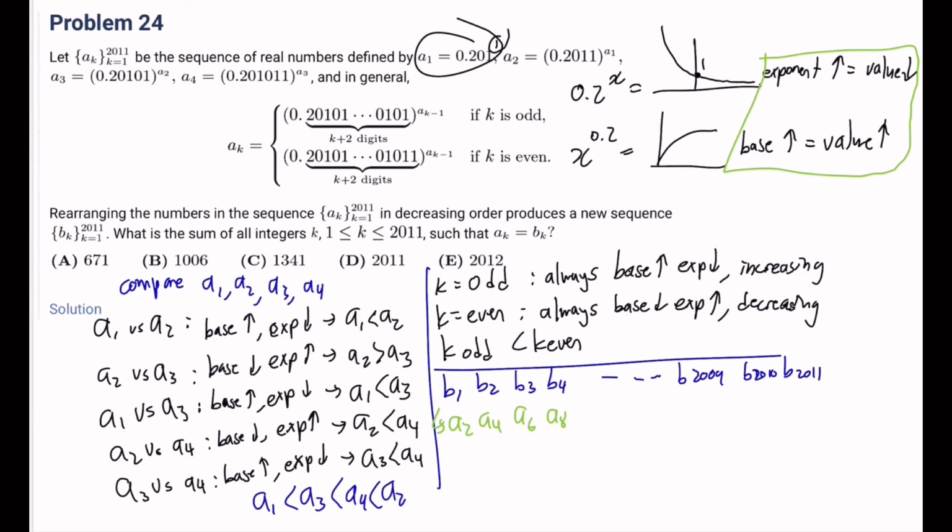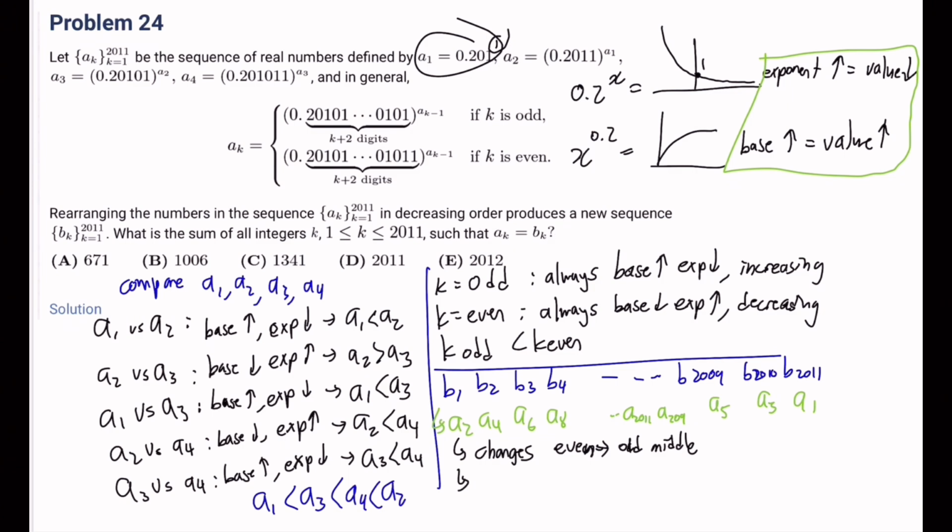And then we're going to start the odd with the highest odd number. So somewhere in the middle, a2011, and then a2009, and then all the way up to b2009, that is going to be a5, and then this is a3, and then b2011 will be a1, and then it's going to end.